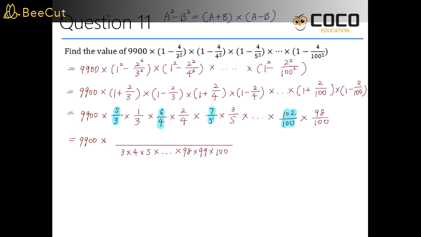For the numerator, we have 5 times 6 times 7, all the way to 100 times 101 times 102.